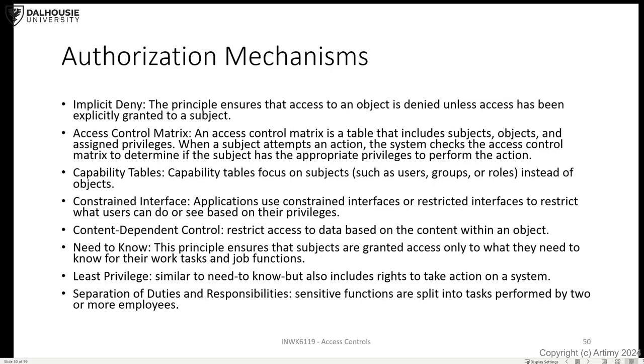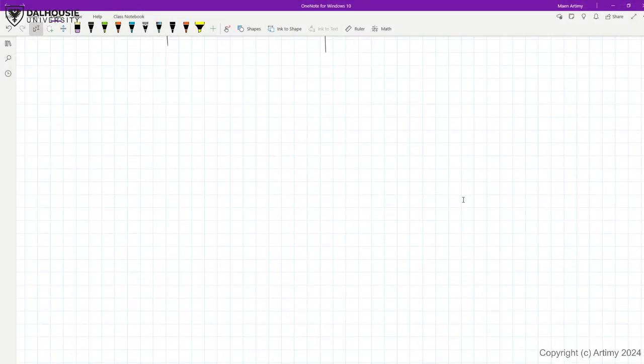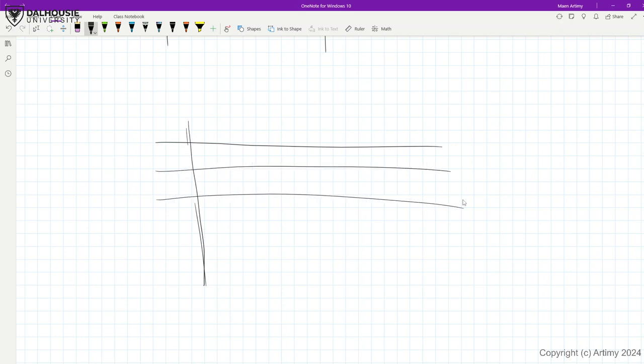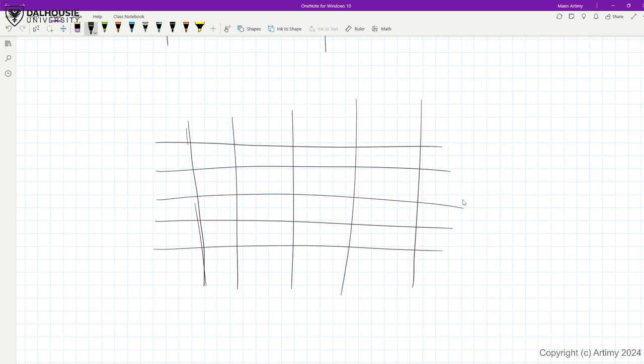Another concept is access control matrix, which is a table that includes the subject, objects, and assigned privileges. So the best thing to do is here explained by an example. So let's say in a system, I have these users as rows, and there are different ways to represent this, so I'm just going to pick one.